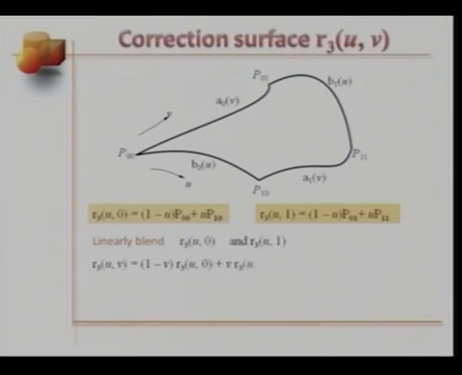That is, R3 of (U,V) equals 1 minus V times R3(U,0) plus V times R3(U,1), where R3(U,0) is this here and R3(U,1) is this here.